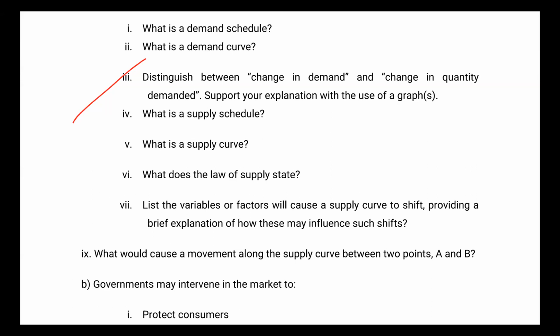Yes, change in demand is when the price is kept constant but demand is affected by other factors. Whilst change in quantity demanded is when demand is affected by the change of price. Okay, yes.